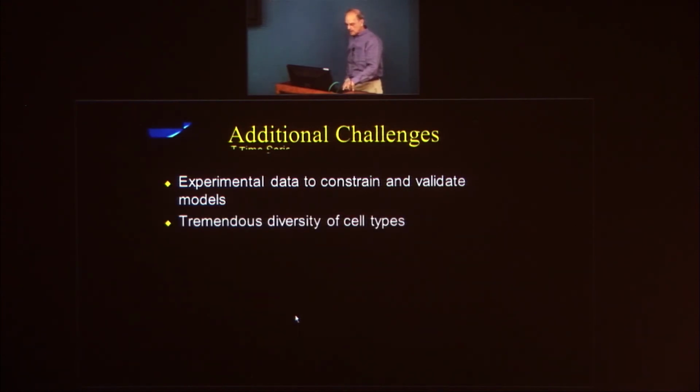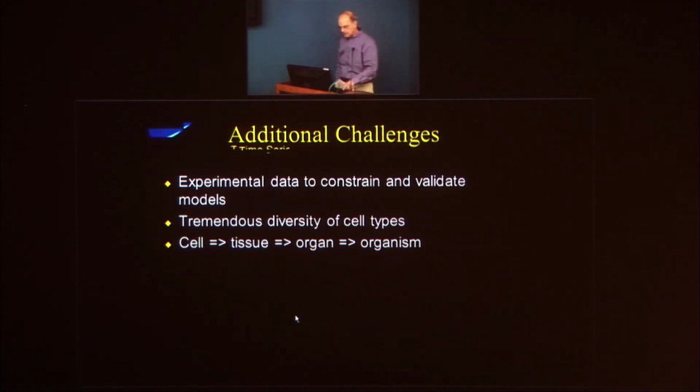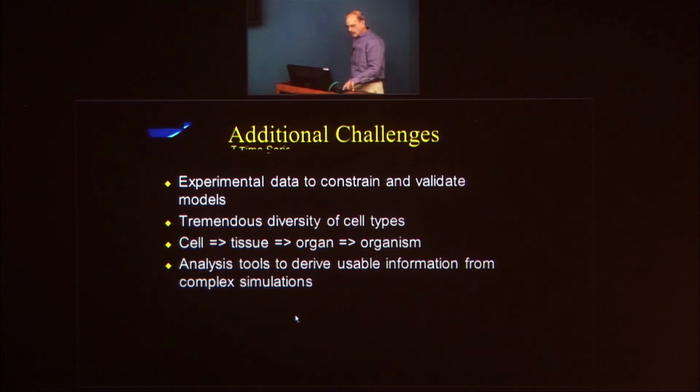Tremendous diversity of cell types adds to the challenge of whole cell modeling. And then obviously we have the multi-scale problem. Cells by themselves are not enough. We need to understand how they interact to make the organism work, and we need analysis tools.